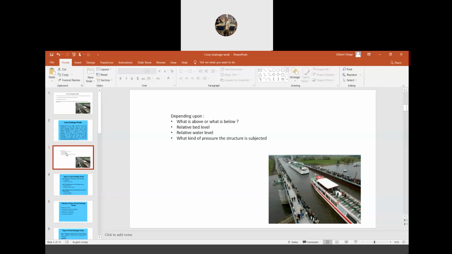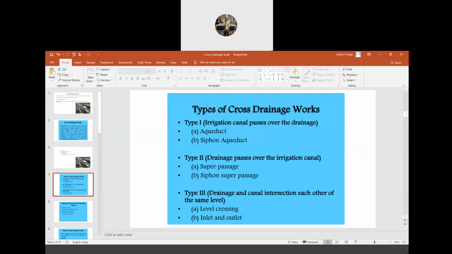depending upon whether the river is above or the canal is above, or whether the canal is below or the river is below, depending upon the bed level, water level, and the kind of pressure that these structures are subjected to, we classify cross drainage works into categories. One category is type 1, whereby the irrigation canal passes over the drainage.